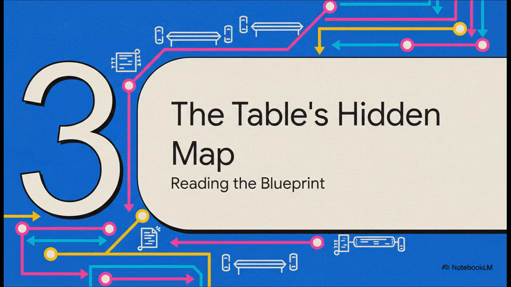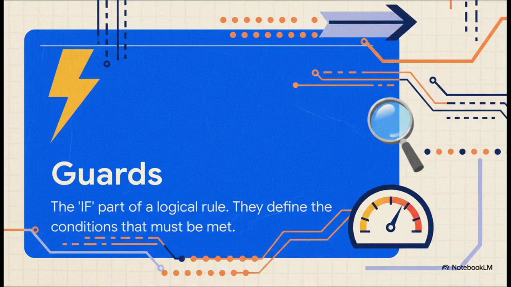Okay, so we have our blueprint. That's great. But a blueprint is totally useless if you don't know how to read it, right? To really unlock the logic that's hidden inside these tables, we need some kind of map that shows us exactly how the information flows. So the first landmark on our map is something called a guard. The easiest way to think about a guard is it's the if part of an if-then statement.